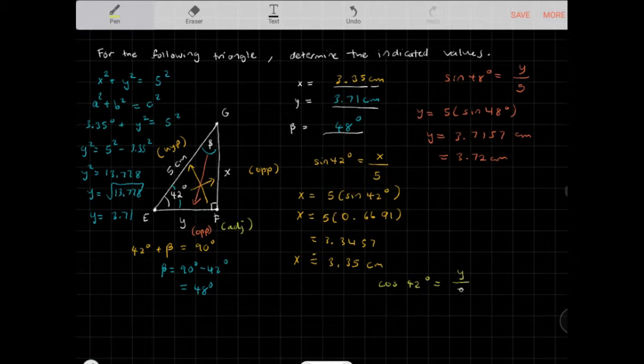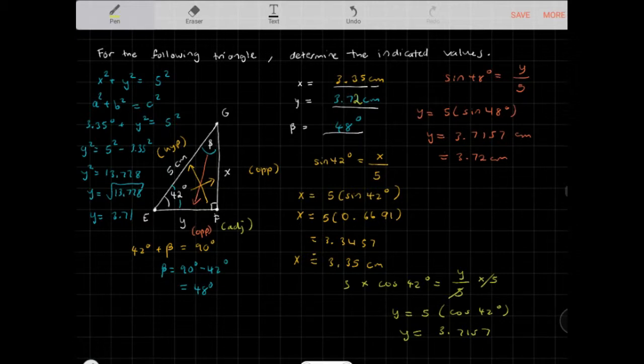Adjacent side y over the hypotenuse 5, then y becomes, if I multiply 5 to both sides, you can solve for y, so 5 times cosine 42 degrees, and y is equal to 5 times cosine 42, which is approximately 3.7157 as well, right? So ideally, we would probably want to round this to 3.72 centimeters, but at the end of the day, it's the same thing, right?